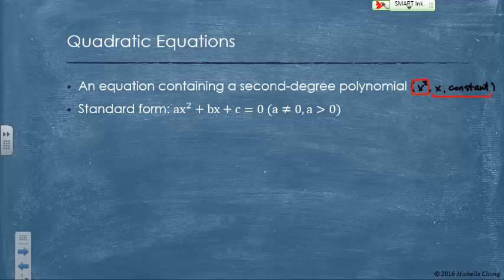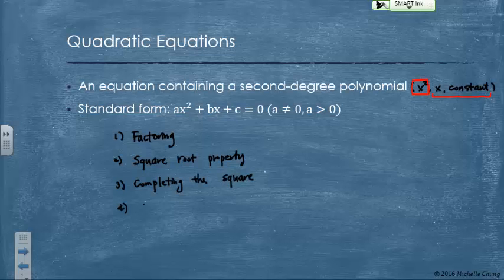To solve quadratic equations, there are 4 different ways. The first one is using factoring. The second one is using the square root property, and then using completing the square. And lastly, the quadratic formula.